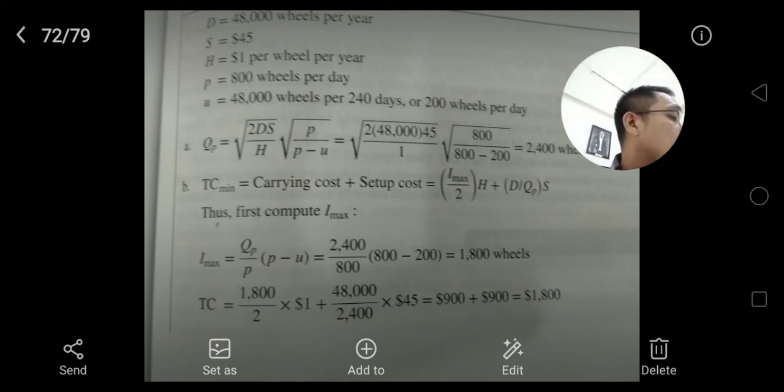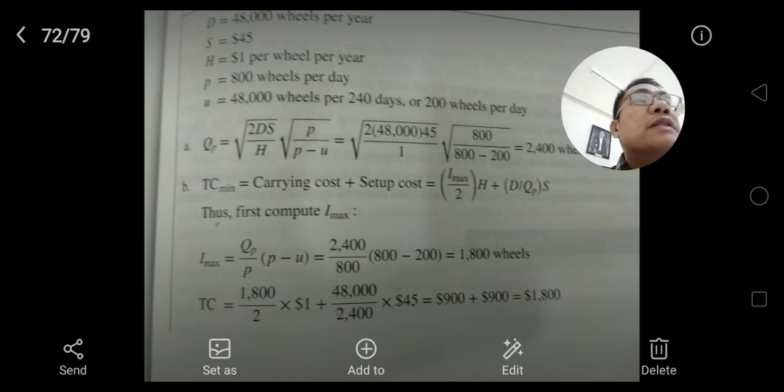S is the setup cost. It's $45 per setup. H is the carrying cost per unit. Carrying cost per unit.